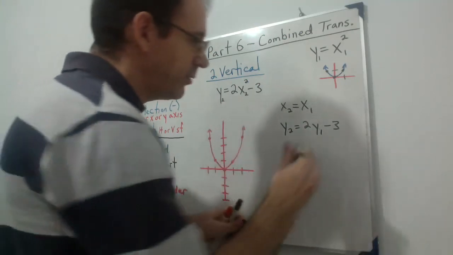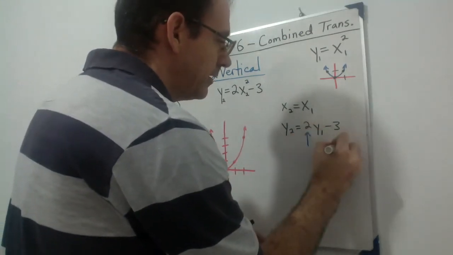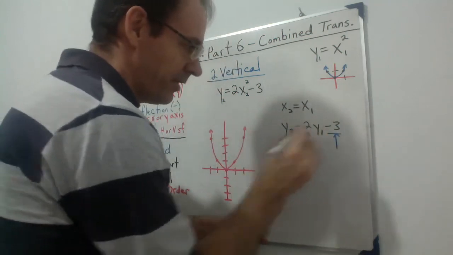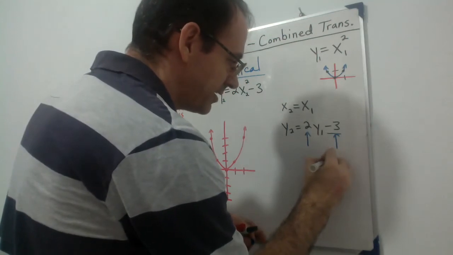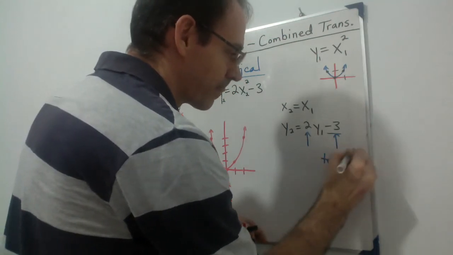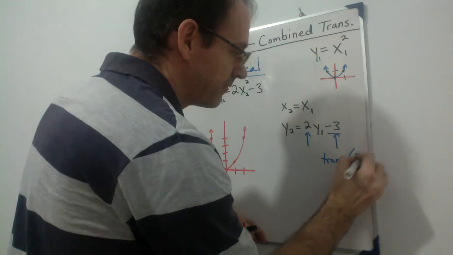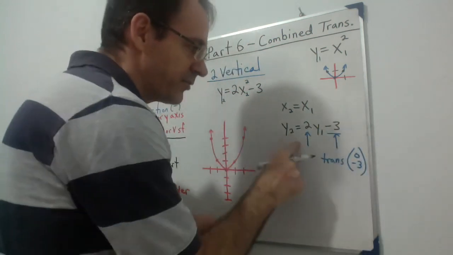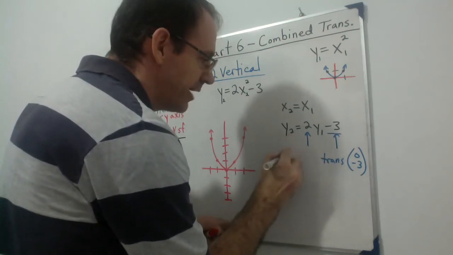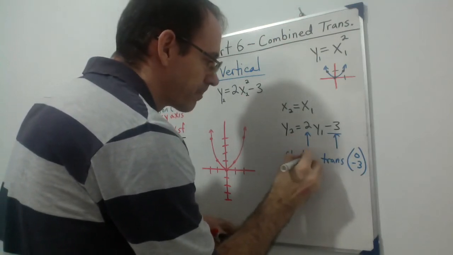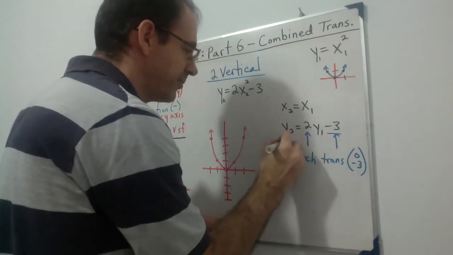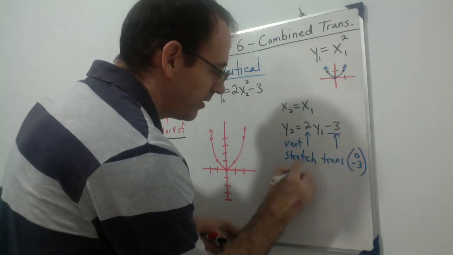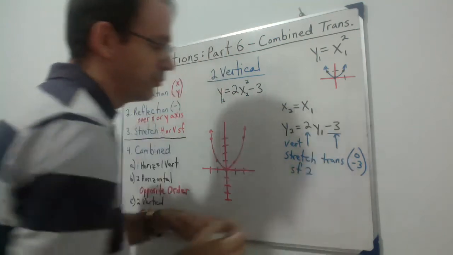And so here we see our 2 transformations. This one is a translation, (0, -3), outside the function. This one is our stretch. And of course, it's a vertical stretch with a scale factor of 2.